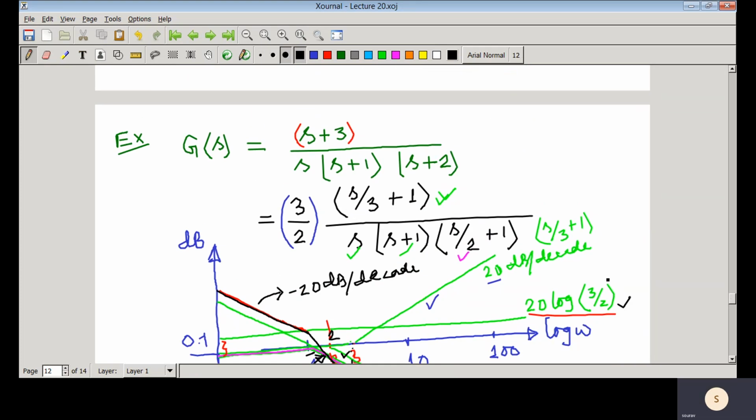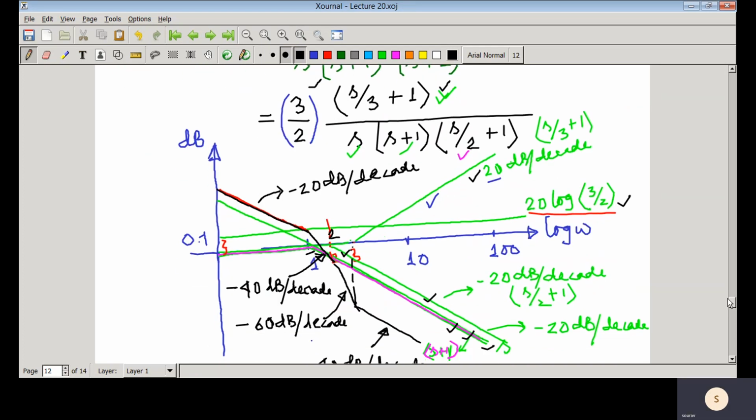So this is that gain for this one, and for that first factor in the numerator we have this one. What we have done, for each factor we have drawn separately, then we have added it, and that slope is very clear because if you first locate those corner frequencies and add those things, accordingly you can find what would be that slopes.